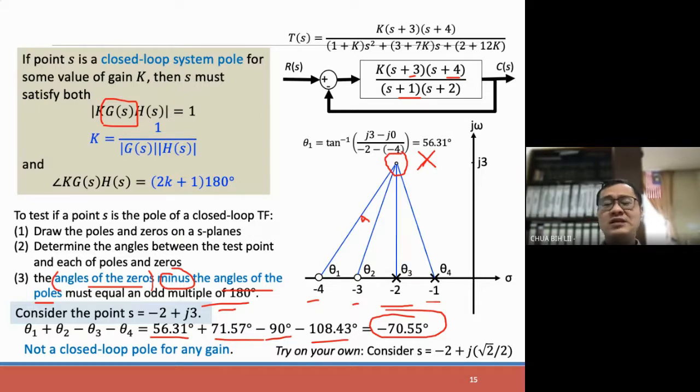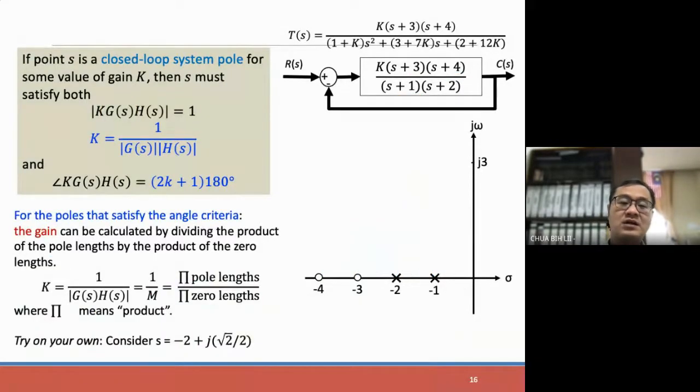We may want a characteristic that meets our time response specifications, we try to put it there, but then it is not the root of the closed loop transfer function, therefore we reject it later on. So this is how the test point will benefit you. So you may try with this value, which coincidentally will give you 180 degrees, and it is our roots.